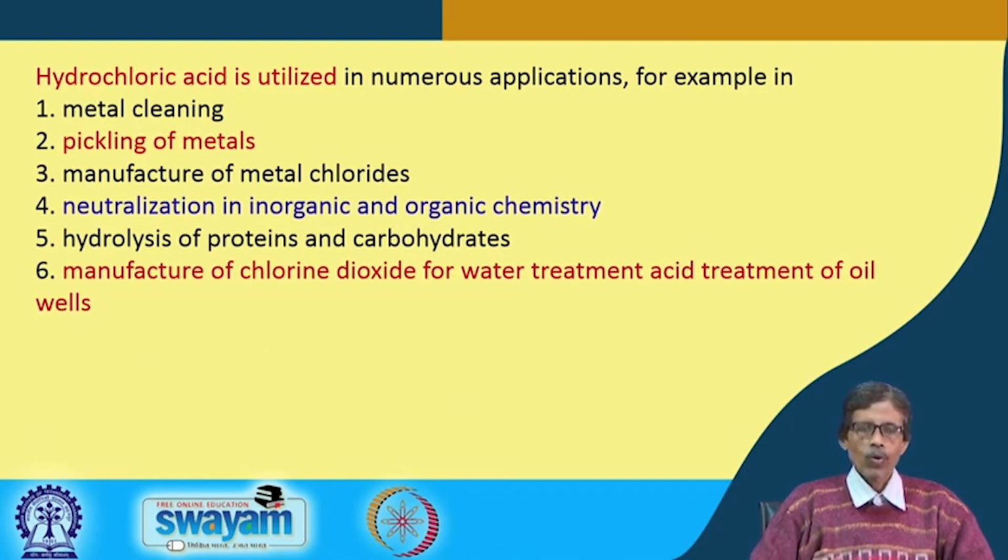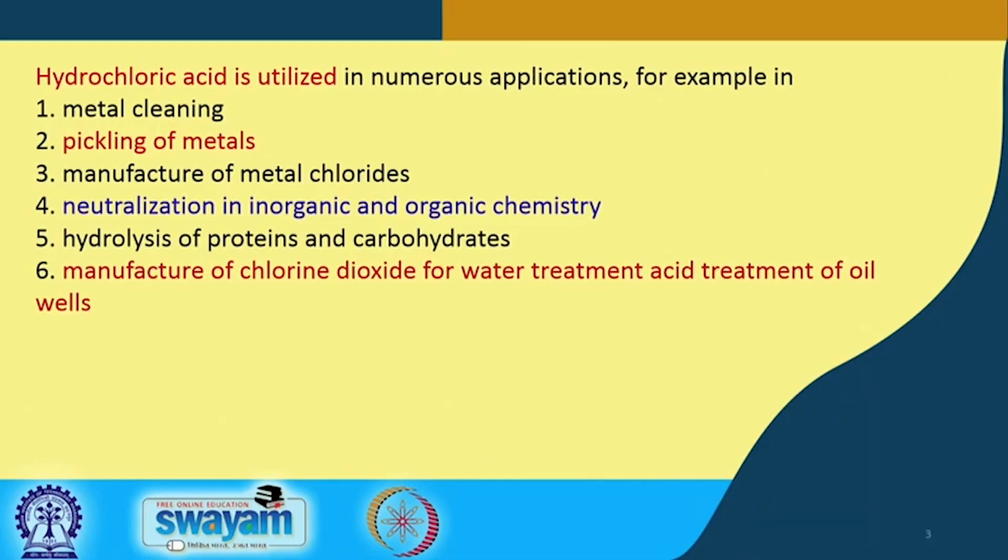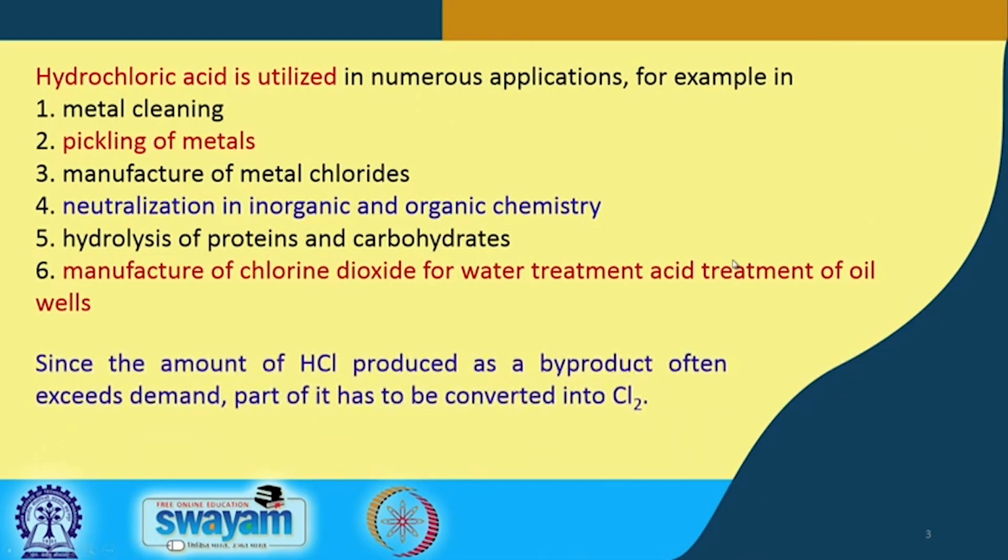So, when we go for acid chlorine oxide, we can use it for water treatment as well as acid treatment of oil wells, that means the adjustment of the pH of the acid wells also. And if we are not able to put directly the HCl, we will use the chlorine oxide, that means Cl2O.